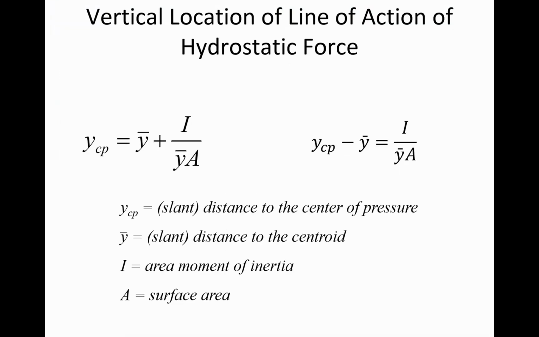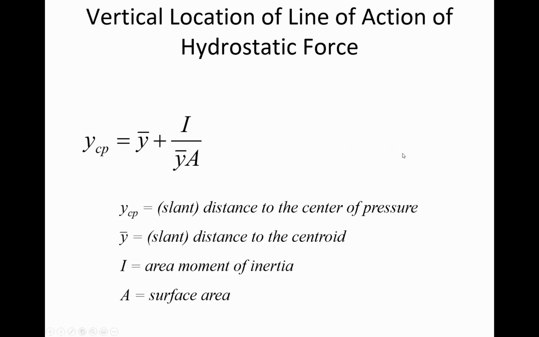All right. So this comes from just moving the Y bar to the left-hand side of the equation. So the equation on the right is the same thing as the equation on the left. The equation on the left is to find the distance below the water surface along the inclined path to where the force is located. This is asking what's the gap distance between the centroid and where the force is located.